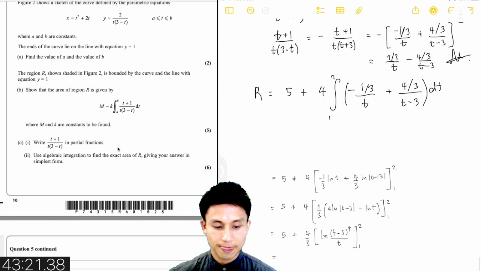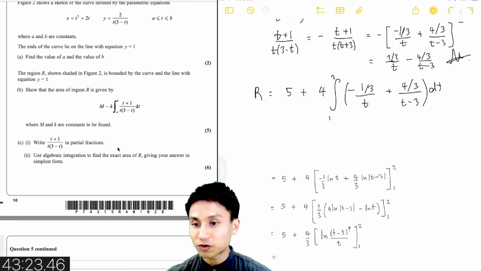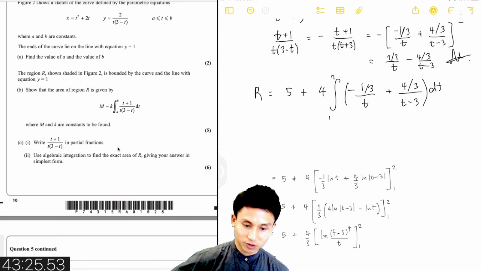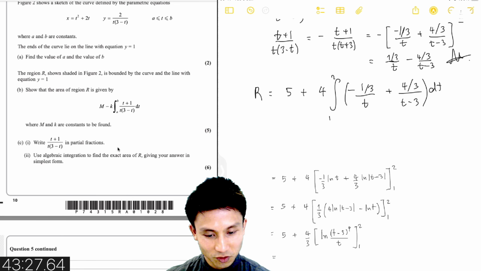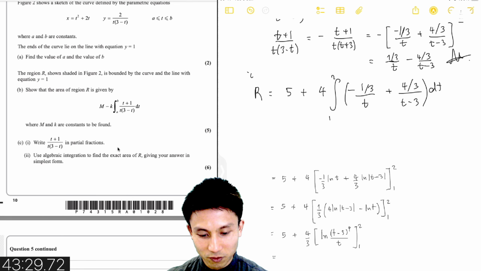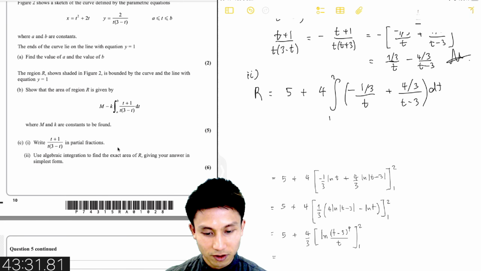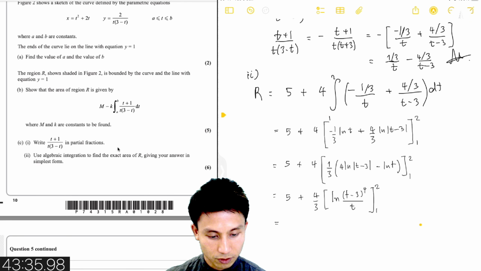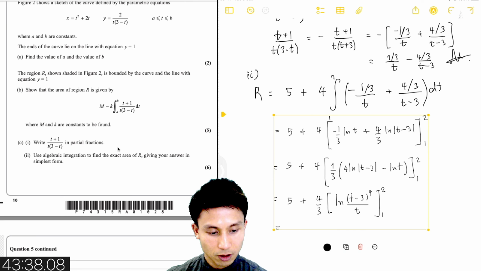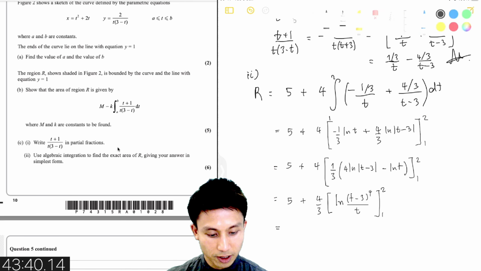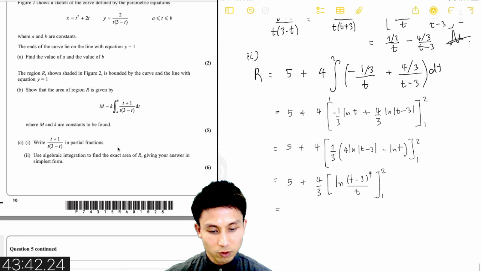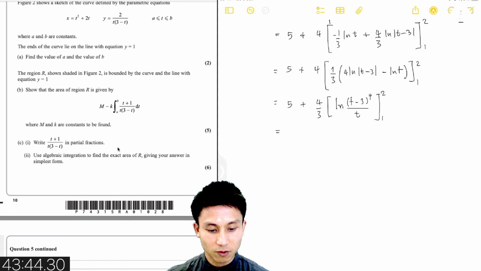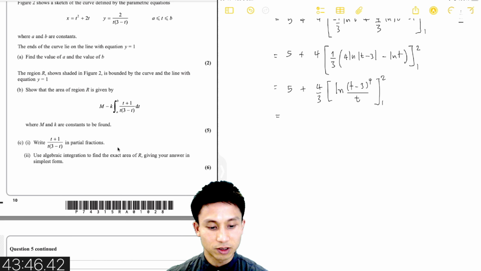Here we go. And then use algebraic integration to find the exact area. Okay, that's it. So bring us back to where we were now. C II. Okay, here we go. All right, so we're going to keep integrating that. We were up to this point, where we try to put the bounds in.